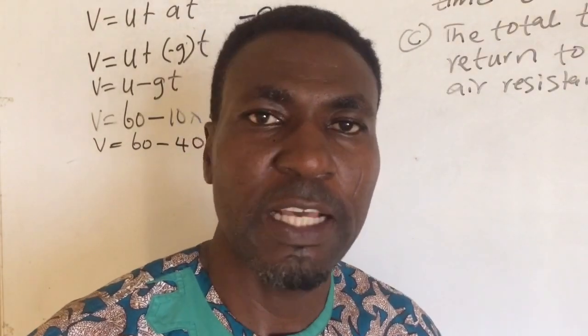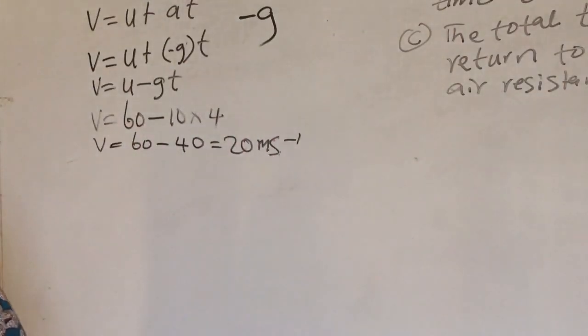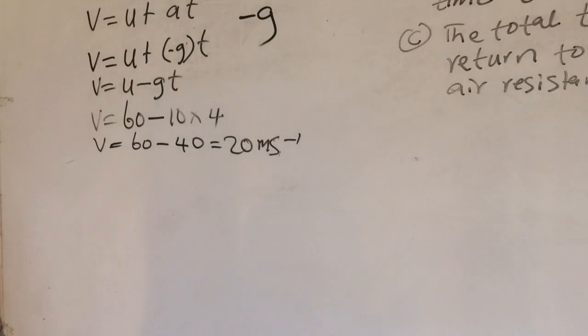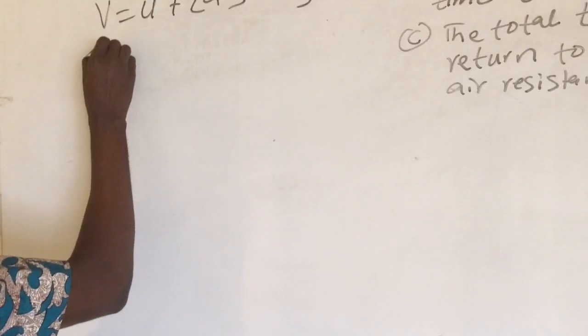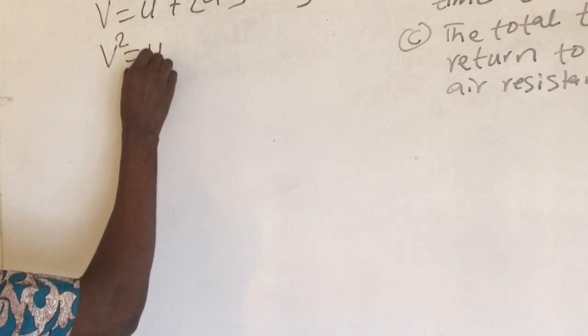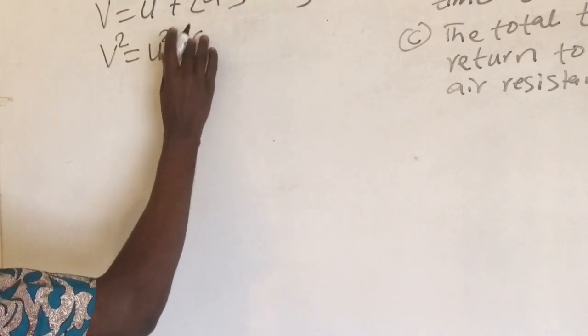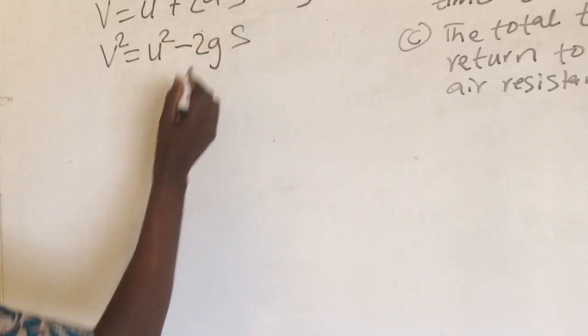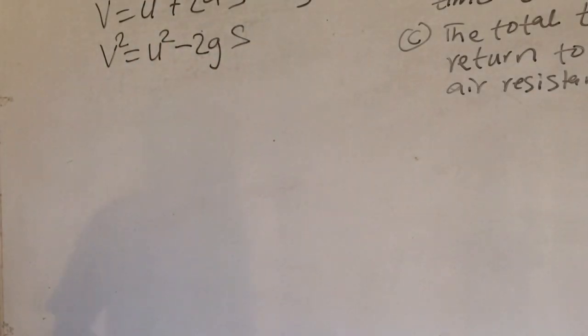Now let us calculate for B, which says the maximum height attained and the time taken to reach it. The formula will now become V squared equals U squared, it won't have plus again, it will now be minus 2GS.